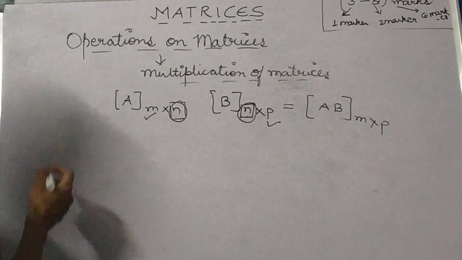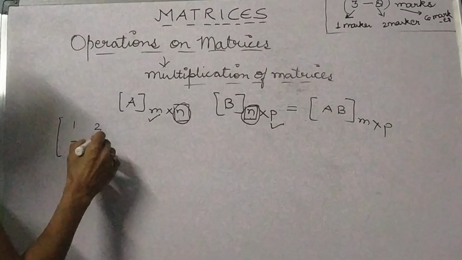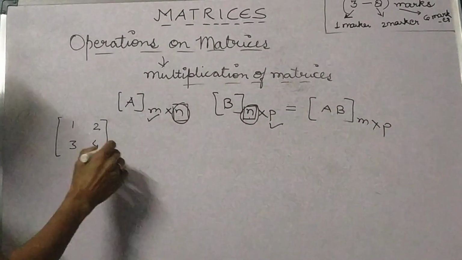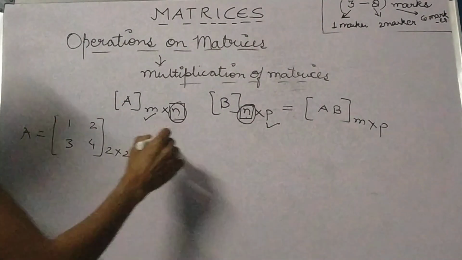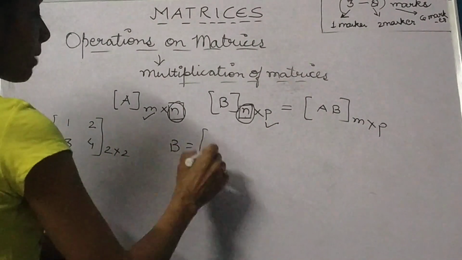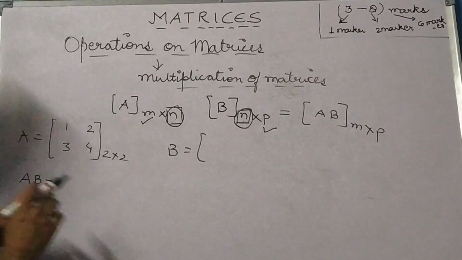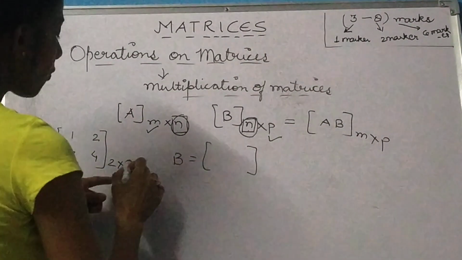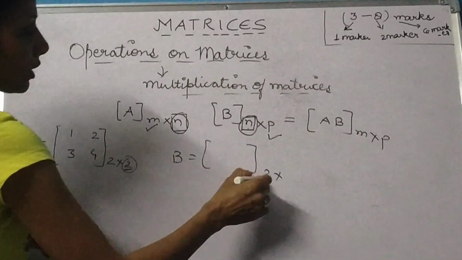Let's see this with an example. Say if I have 1, 2, 3, 4, that means I have 2 into 2 matrix, and this is your say A, and if I have to find out AB, then it should be of order 2 into something, because this should be equal to this.